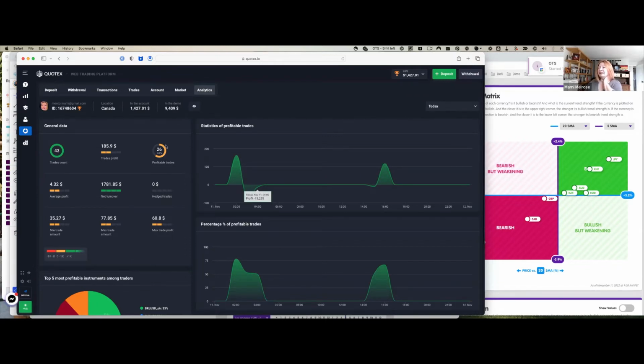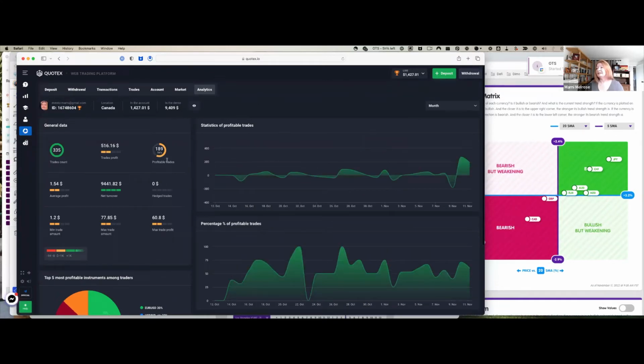I really like that it has this, because it shows me how I'm doing. Ideally, I'd like to get that higher. But as you can see, I am getting better, because if we look at the month, I'm at 56%. So I'm getting there.